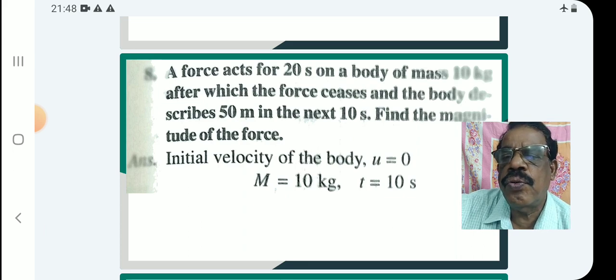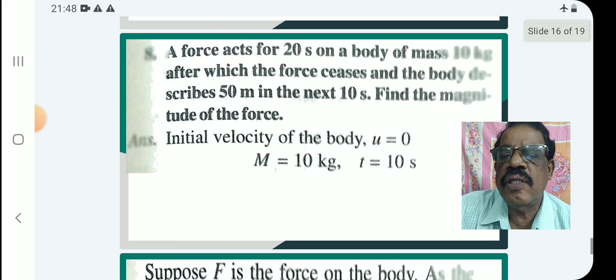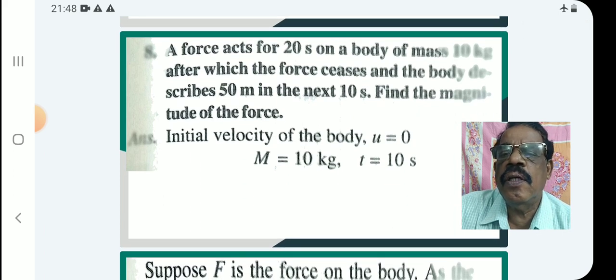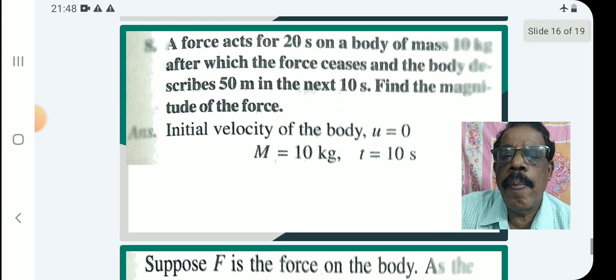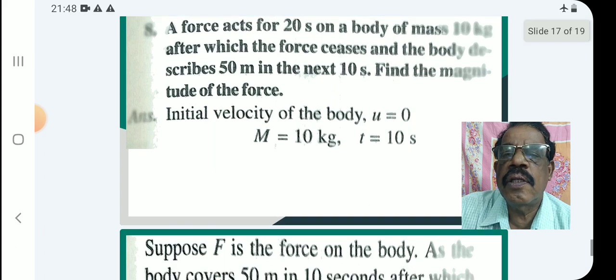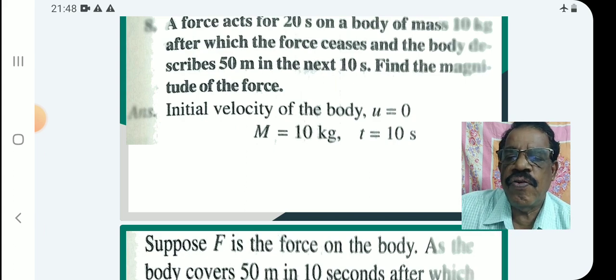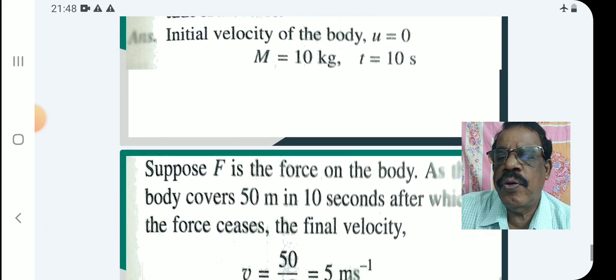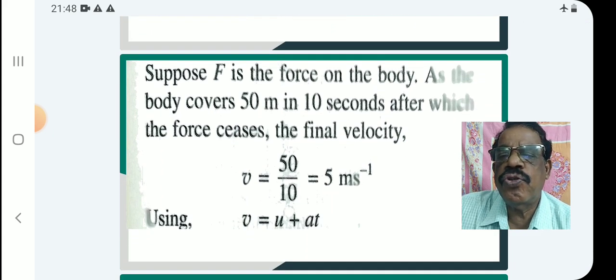Find the magnitude of the force. Initial velocity is 0. M is 10 kilogram. T is 10 seconds. That is the final case. F is the force acting on the body; as the body covers 50 meter in 10 seconds, after which the force stops, the final velocity is 50 by 10, that is 5 meter per second.